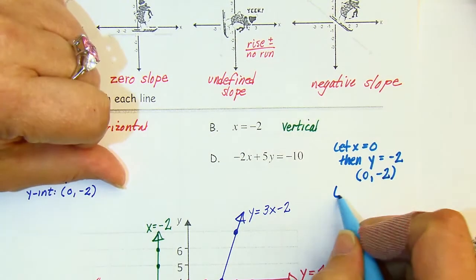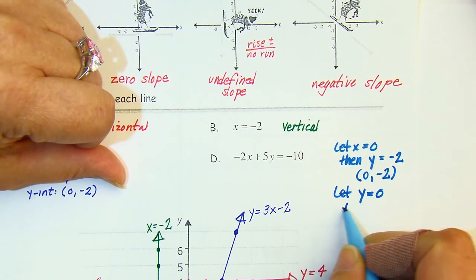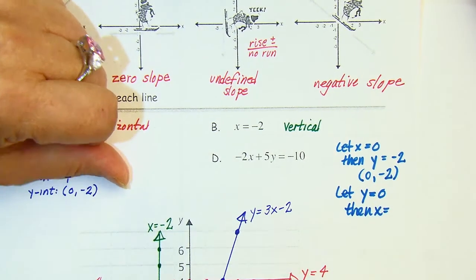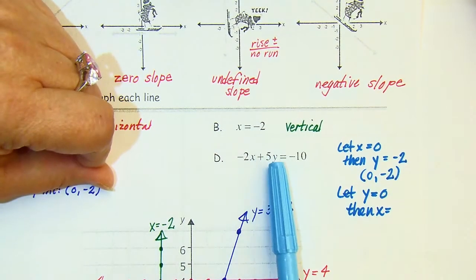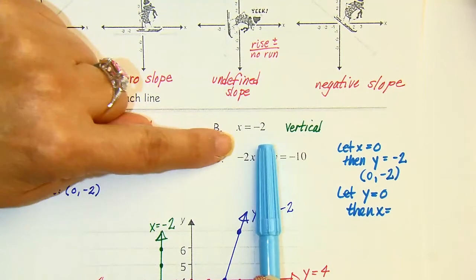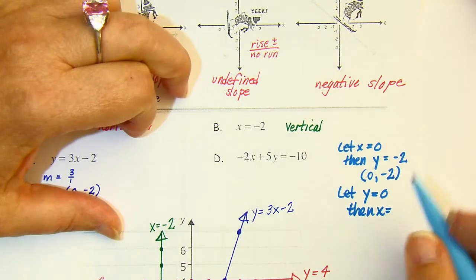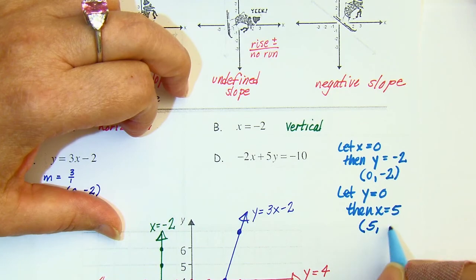And then I can let y be 0 and solve for x. All I have to do is imagine that this isn't there. -2x plus 5 times 0 is -2x. And when I divide both sides by -2, I get +5. So x is 5, and my ordered pair then is 5, 0.